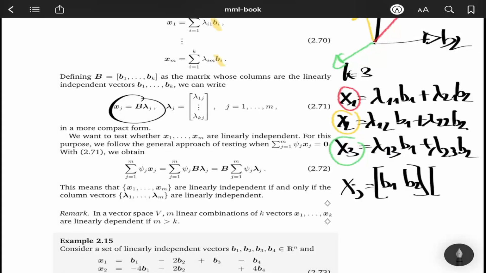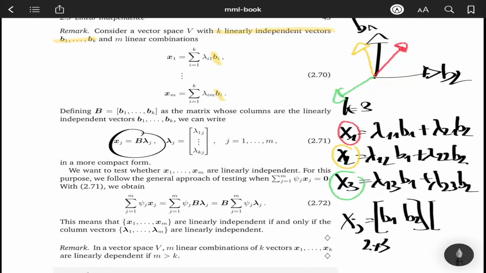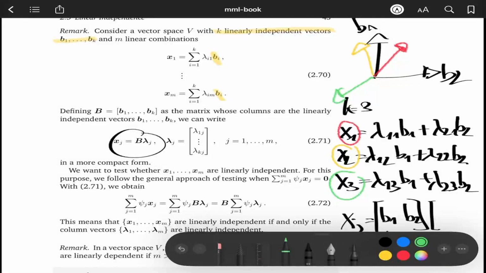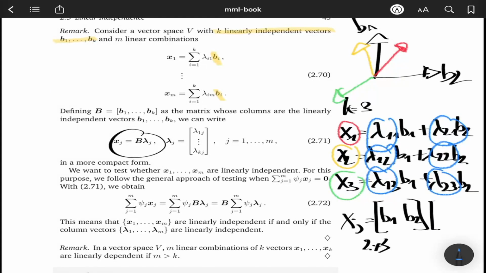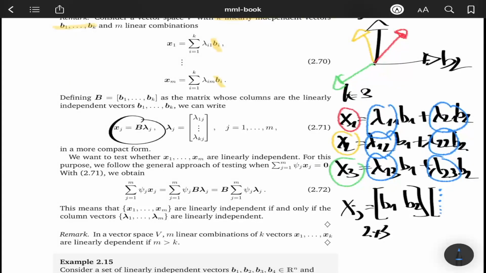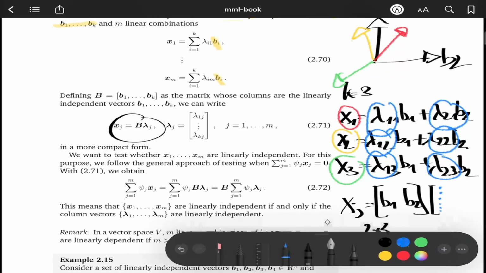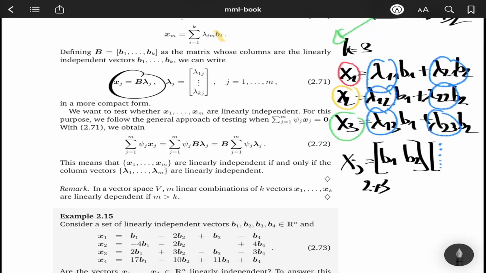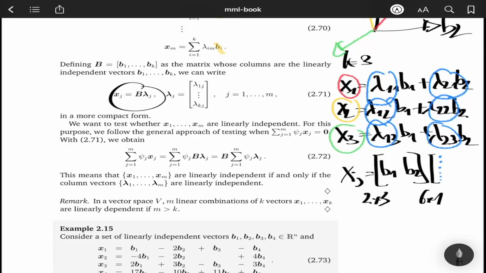Okay, in our case, we know that the B matrix is 2 times 3. I'm not sure what lambda is here. I can see that we have 6 different lambdas. But this cannot be 6. That cannot be right. Because if this is 6, then this would be a 6 times 1. And this is not something you can multiply.